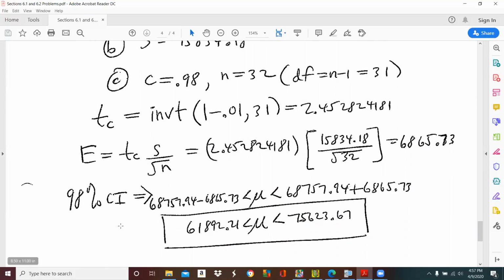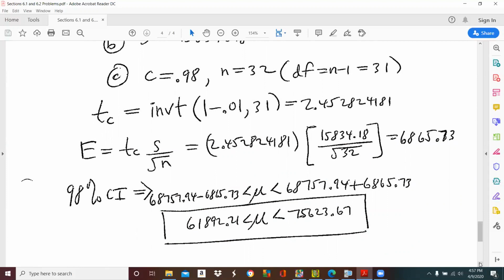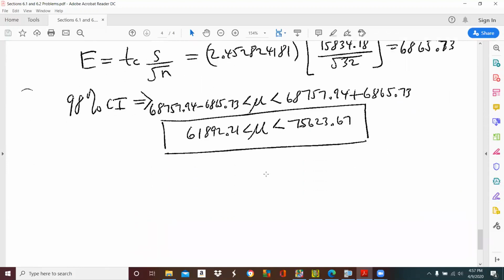The way to say this in English is: we are 98% confident that the population mean salary for these technologists is between $61,892.21 and $75,622.67. So once again, a confidence interval estimates a population parameter, in this case, the population mean.